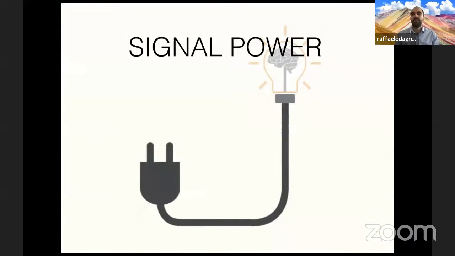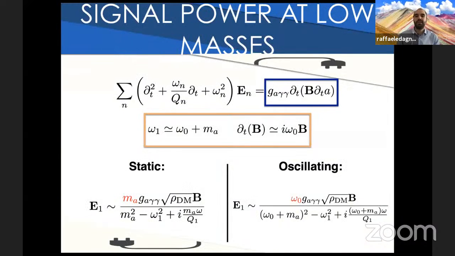All right, so now I've given you the basic building blocks of the idea, but I haven't yet told you why it improves the sensitivity at low axion masses. There are essentially two simple reasons. The first one is that if you replace a static magnetic field with an oscillating magnetic field as your signal source, then the first time derivative is hitting the magnetic field, which is oscillating at a large frequency compared to the axion mass.